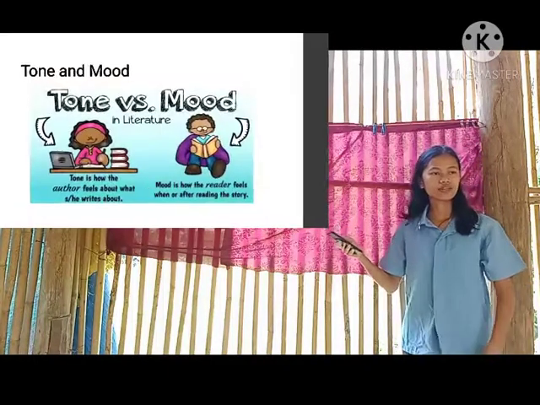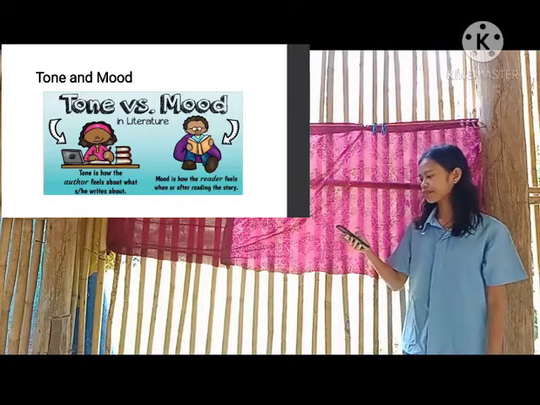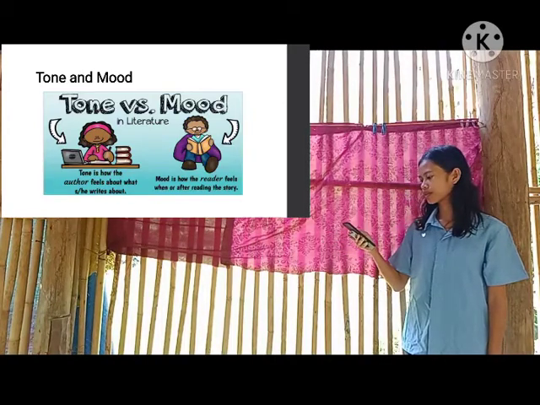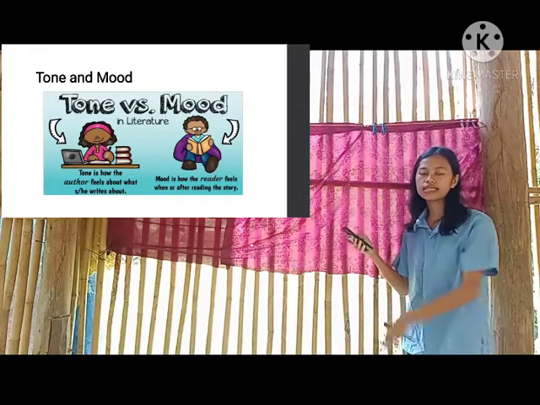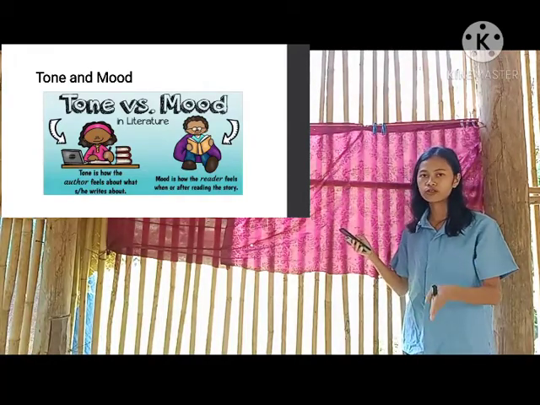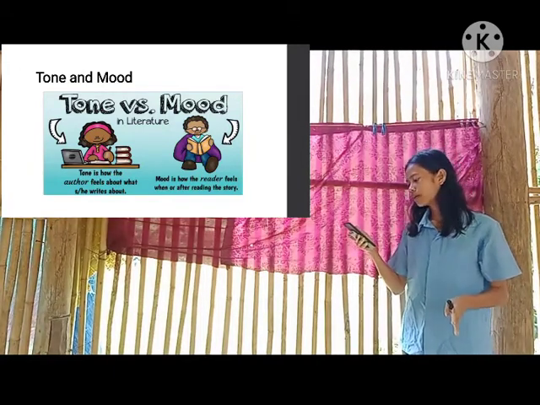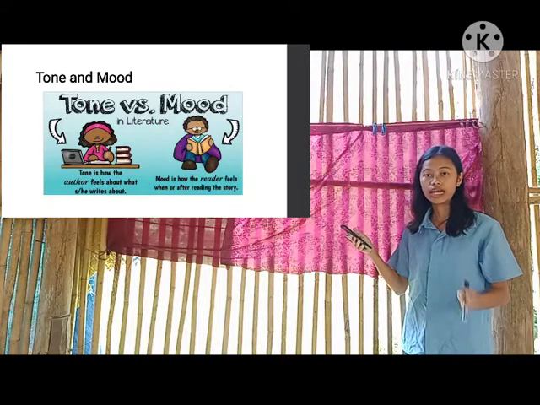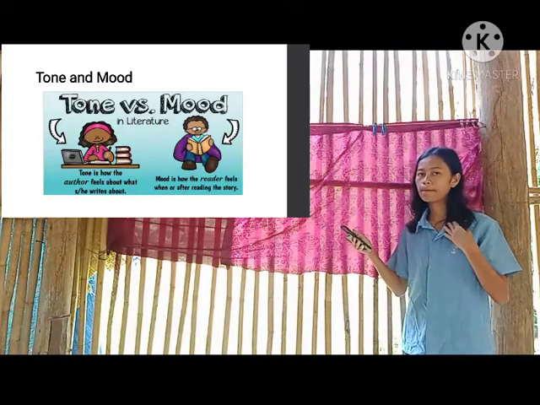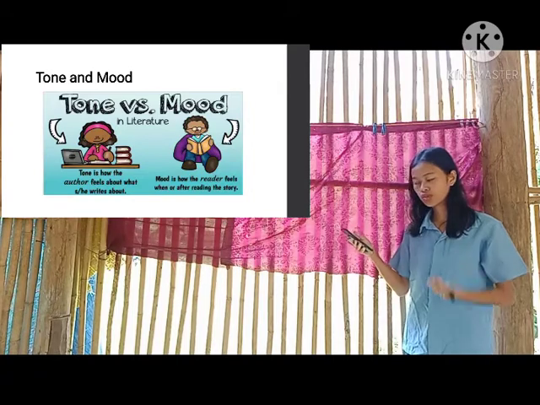Yes, Anna, please read the first text or paragraph on the slide. Okay, thank you. So, what's on the slide is about the tone versus the mood. When we say tone, it is how the author feels about what she or he writes about. And when we say mood, this is the feeling of the reader when or after reading the story.